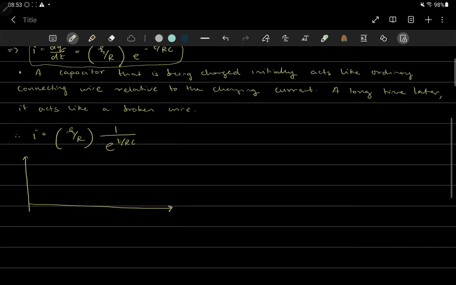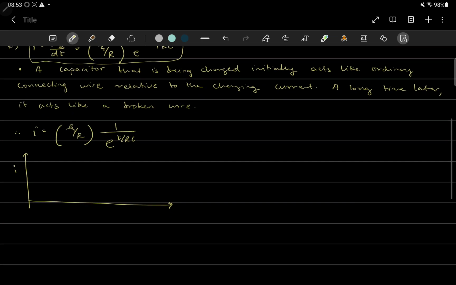If you plot I against time, you will see that it will dip down and decrease until it is an asymptote with I equals 0. So it is almost 0, but not really, right?